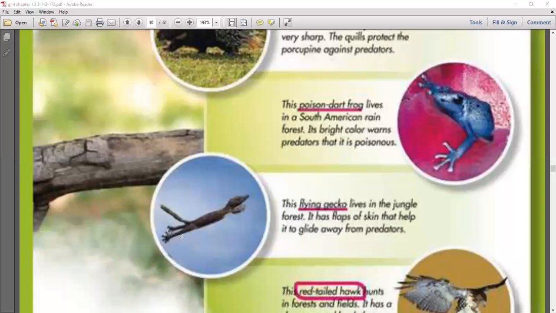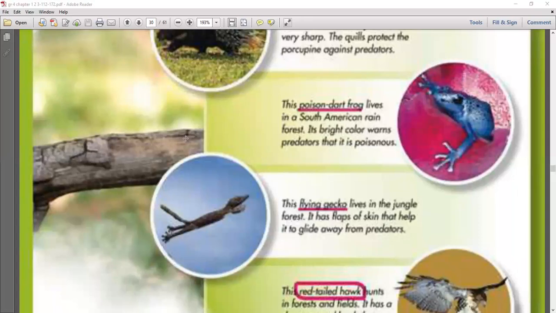First, it has flaps of skin that help it to glide away from predators. Yes. This animal looks like a flying gecko. It's called the flying gecko, and it also looks like it's flying.